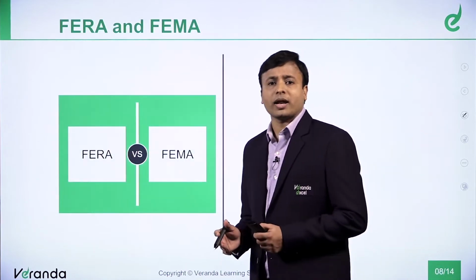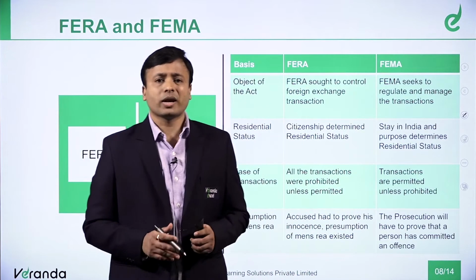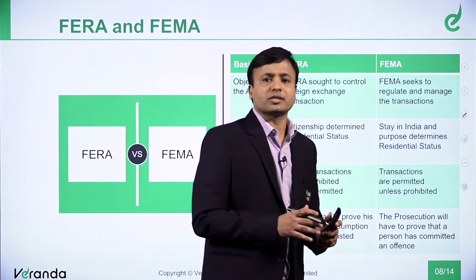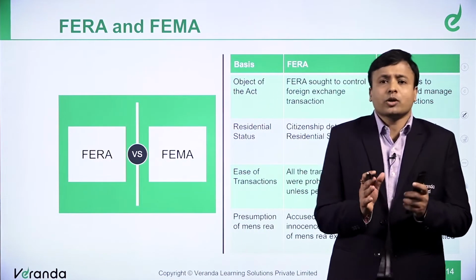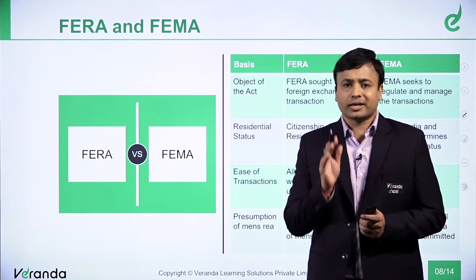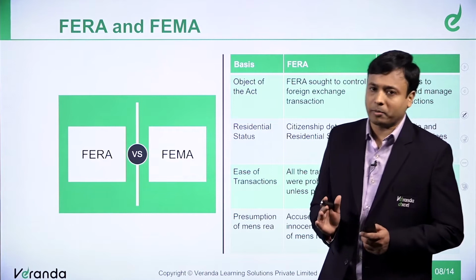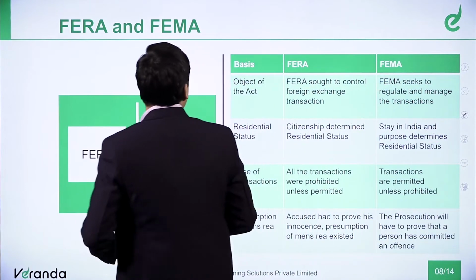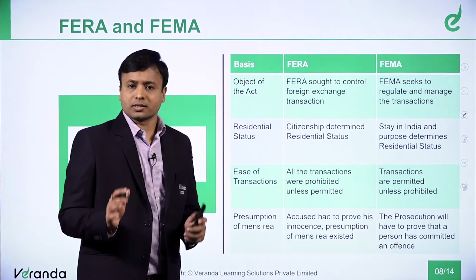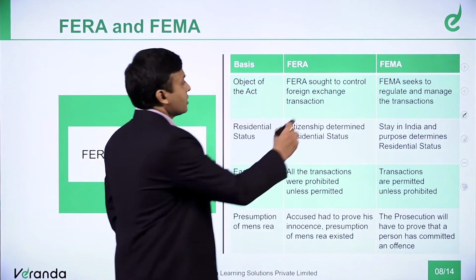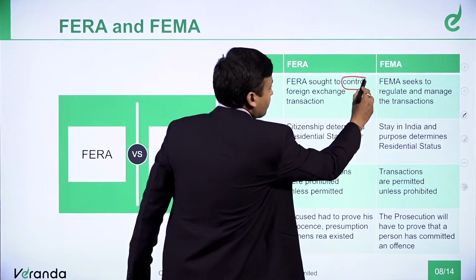Now, FERA versus FEMA. Let us try to understand the striking, technical differences between what was there in FERA and what was there in FEMA. When I say object of the act, we have already discussed the objectives of the act. The objective was to control.